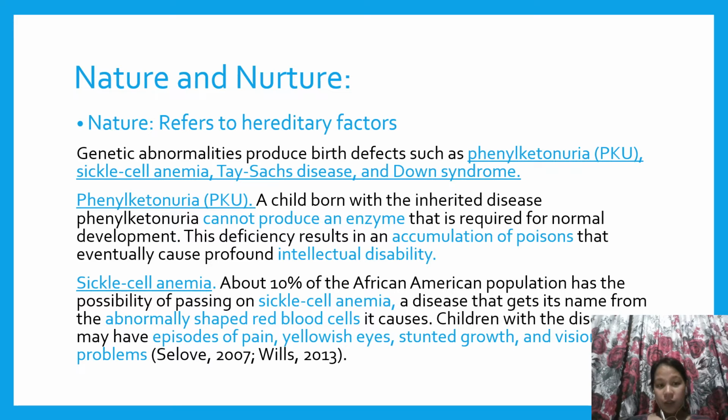Nature and nurture. Nature refers to the hereditary factors. First, phenylketonuria is about not being able to produce an enzyme. Sickle cell anemia is a disease named from the abnormally shaped red blood cell.